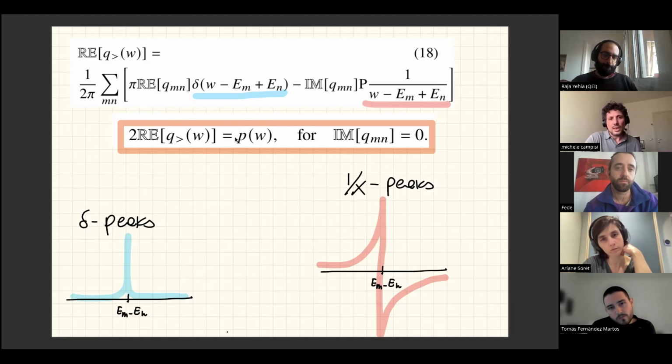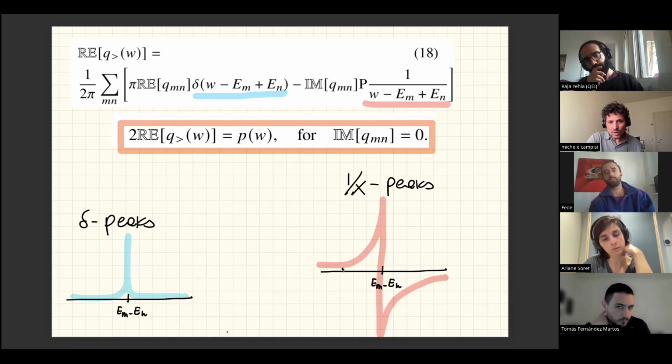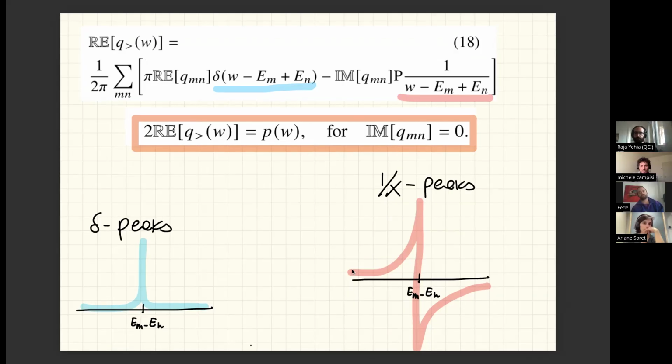Okay. And what is nice about this half anti-Fourier transform is that you have a G of U, you do this half anti-Fourier transform, and you have two types of peaks showing up: delta peaks, which are symmetric around their center, and then on top of that you might have 1 over X type peaks with long tails and an anti-symmetric shape.